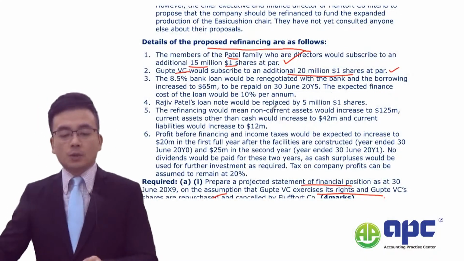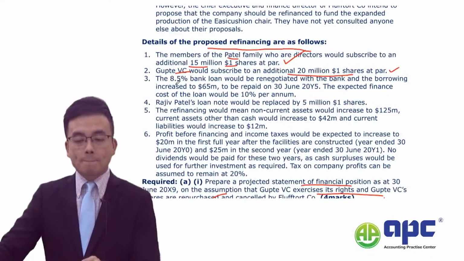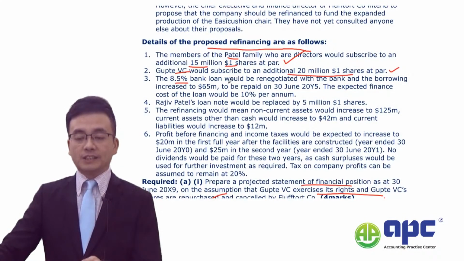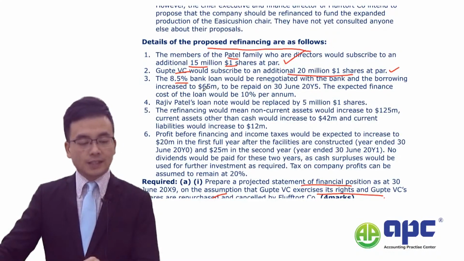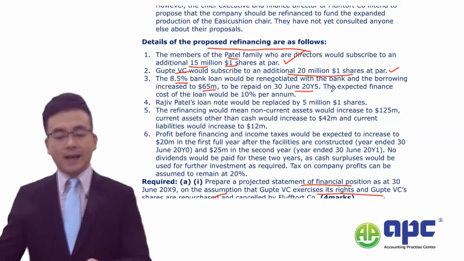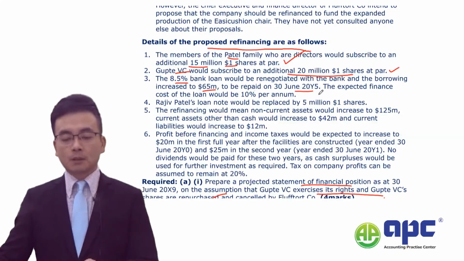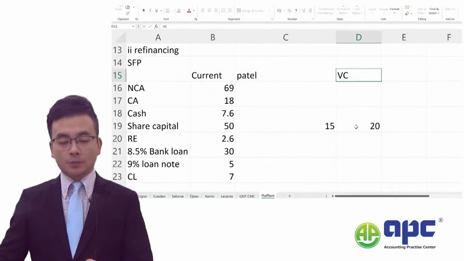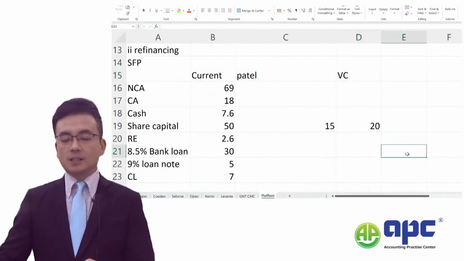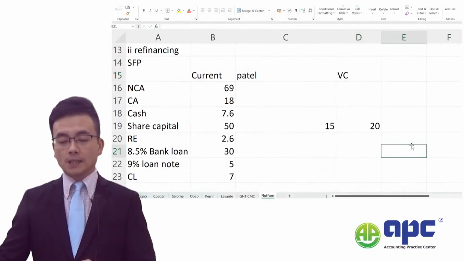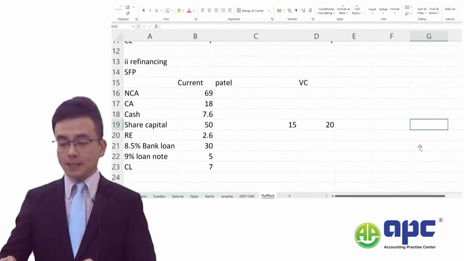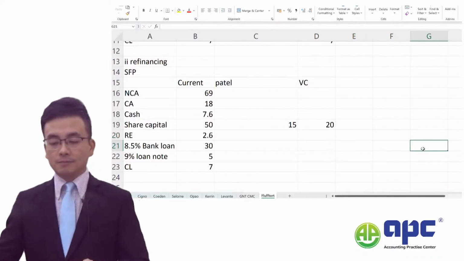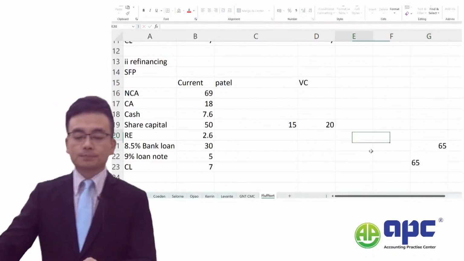And we're also told that the 8.5% bank loan is to be renegotiated with the bank, and the borrowings increased to 65 to be repaid on 30th June Y5. So the bank loan, instead of being 30, is now 65.